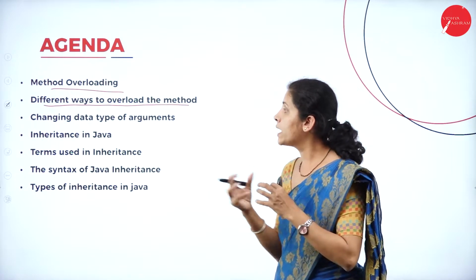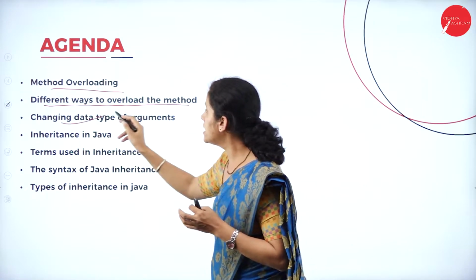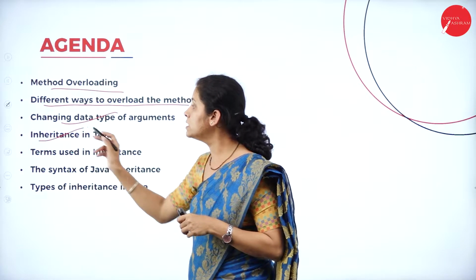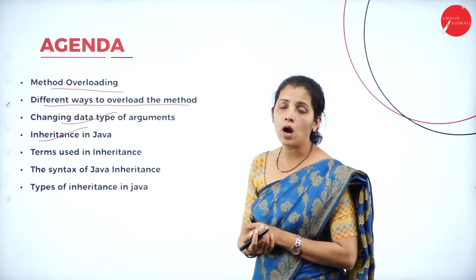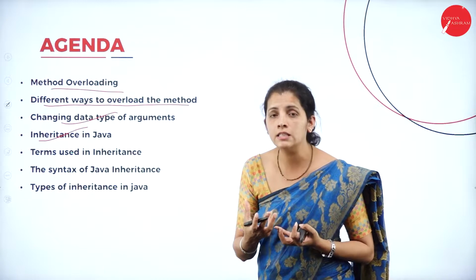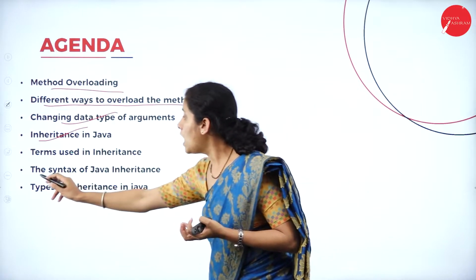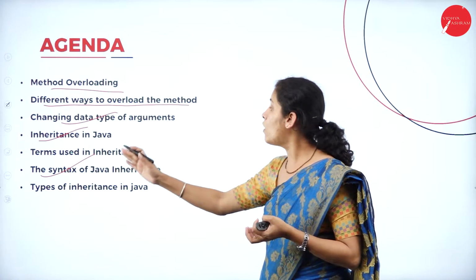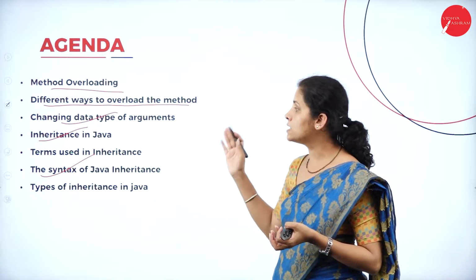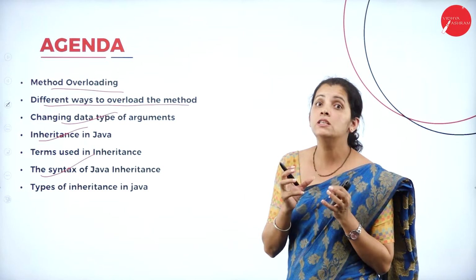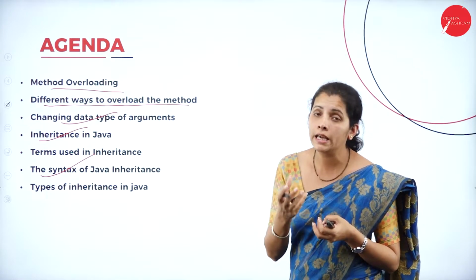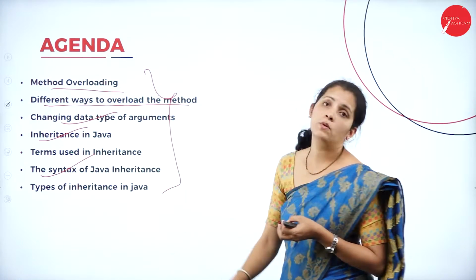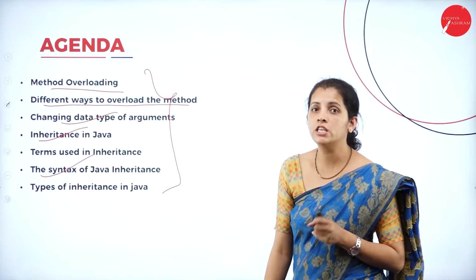That means how can I change the data type of arguments, as well as I'm going to deal with inheritance in Java, different types of inheritance and how to write inheritance, the syntax of Java inheritance, as well as which term is used to implement inheritance in Java. These are the topics I'm going to deal with in today's session.